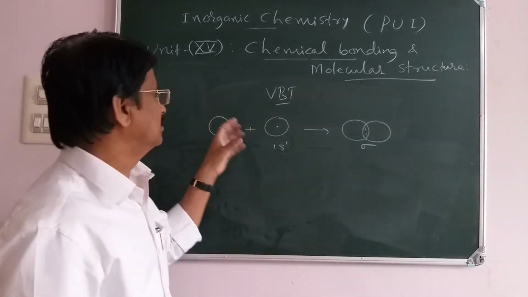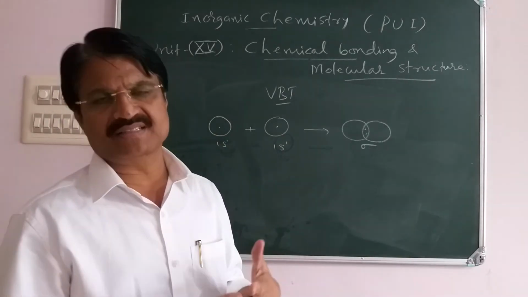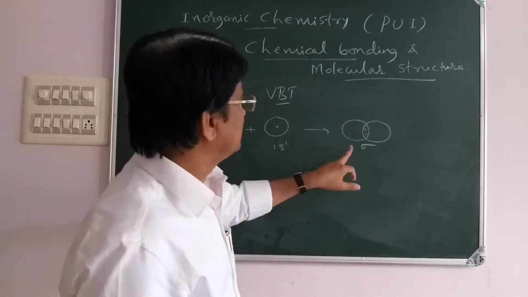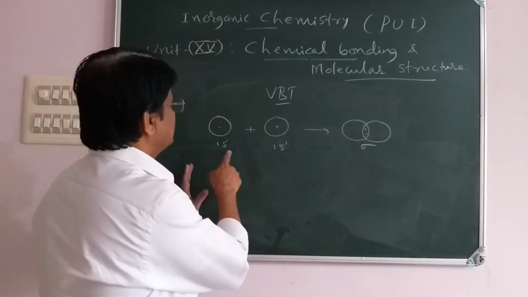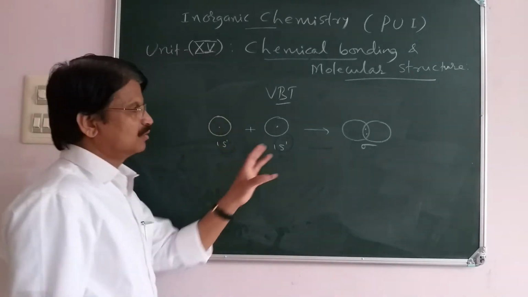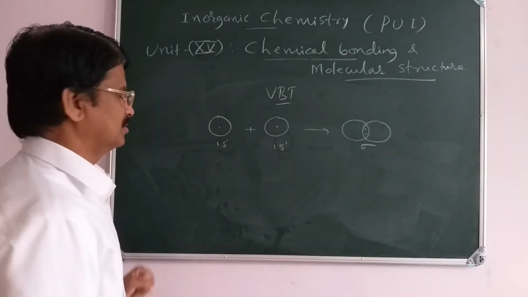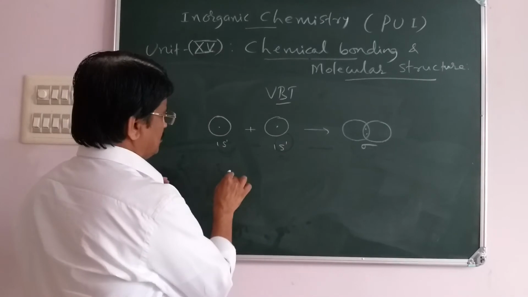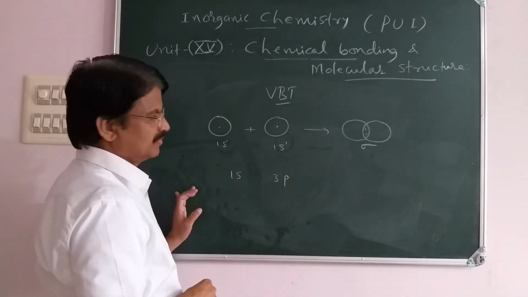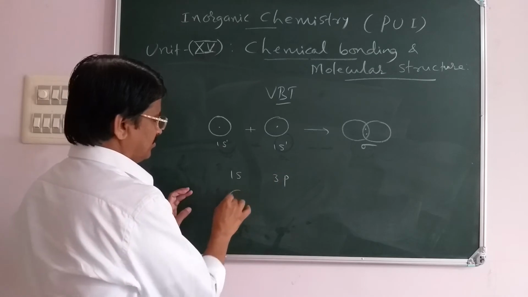Means when two atomic orbitals hybridize or mix up, they can form a new orbital with the same number. Then 1s and 1s give a sigma covalent bond. Next 1s and 3p.